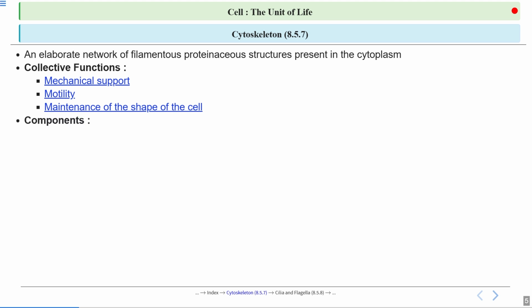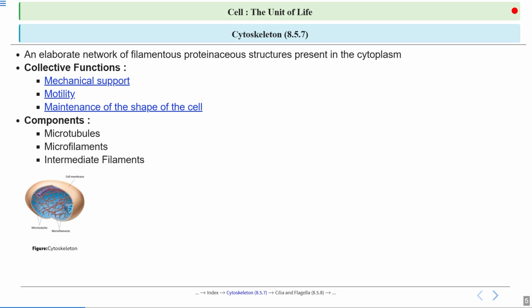Now let's talk about the components of the cytoskeleton. The first component is the microtubules, which are made up of tubulin proteins. Then you have the microfilaments, which are made up of actin. Then there are intermediate filaments.